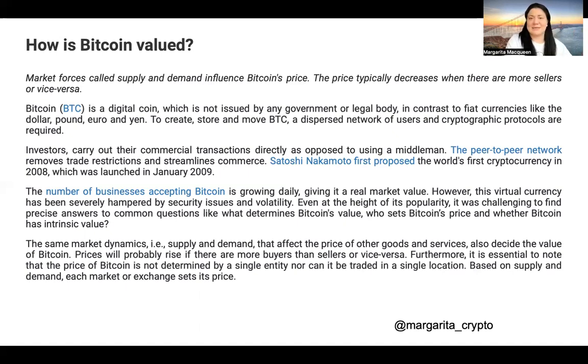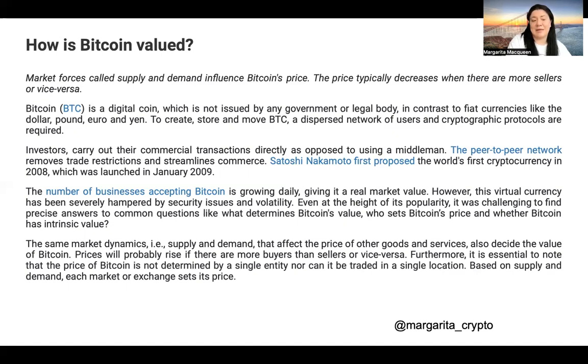We know that prices can rise if there are more buyers than sellers, or prices can go down if there are more sellers than buyers, right? So this kind of determines it. If many people buy Bitcoin, the price will go up. If many people sell Bitcoin, the price will go down. So that's pretty easy to understand, right? Or any other cryptocurrency. So we should know that it's not determined by any single entity or trade or single location.